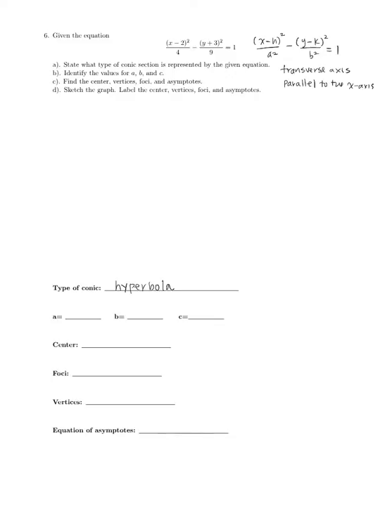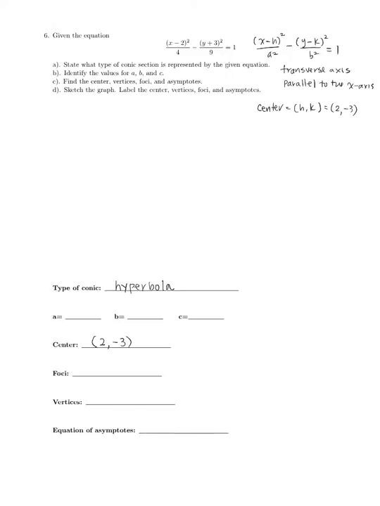So our center is given by h comma k. It looks like the center is going to be 2 comma negative 3. Now let's go with the a's and b's and c's.